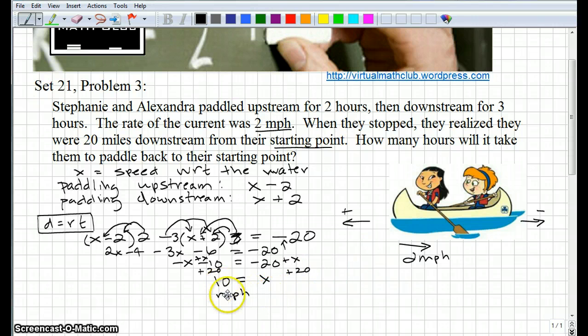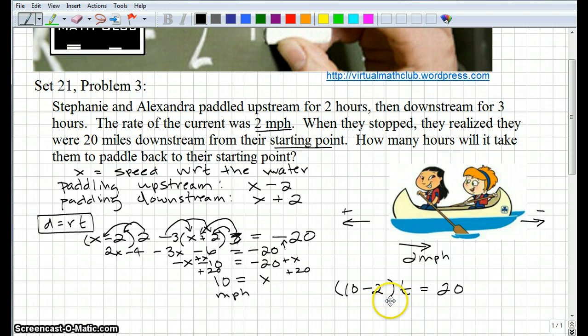But we know that they're going 10 miles per hour, and they've got 20 miles to go. But we have to take into account the speed of the water. So let's take 10 minus 2, because with respect to the land, they're actually only going to be going 8 miles per hour. And if we were to take that times t, we would get the distance, and we know they have to go 20 miles.